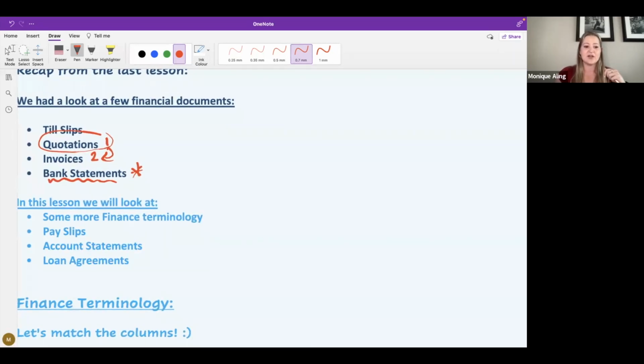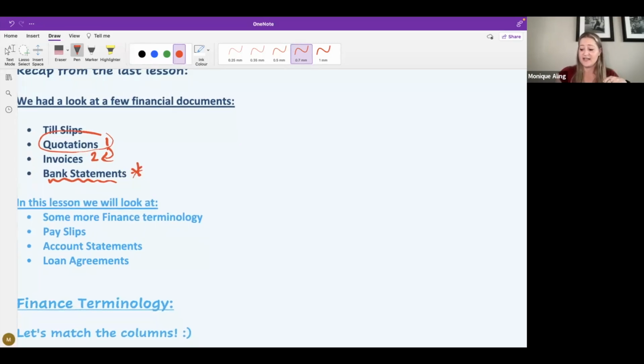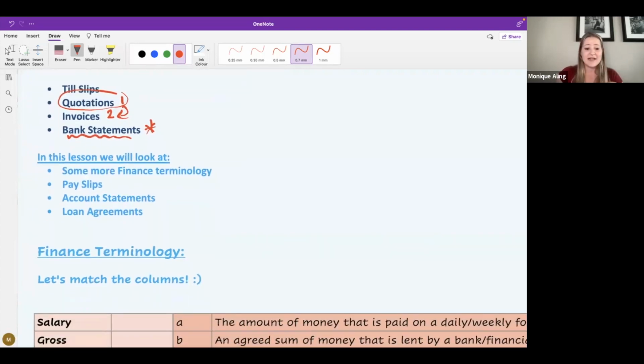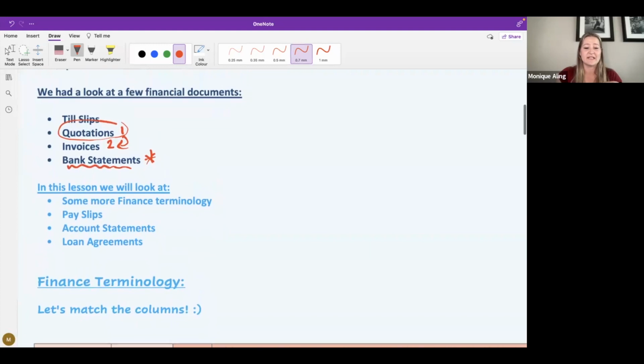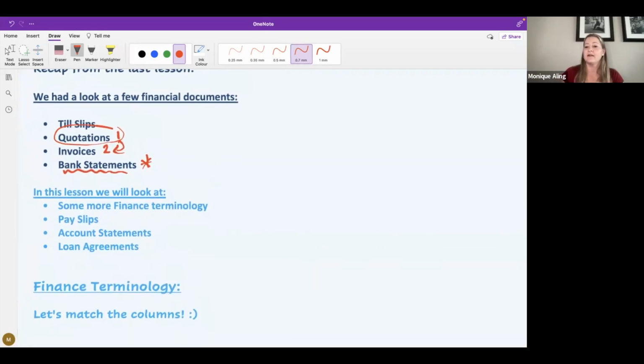So we looked at those 4 financial documents on Monday. In this lesson, we are going to look at some more finance terminology, because there is quite a bit of it, and then a payslip, account statement, and loan agreements. Is there any word that you remember from Monday?